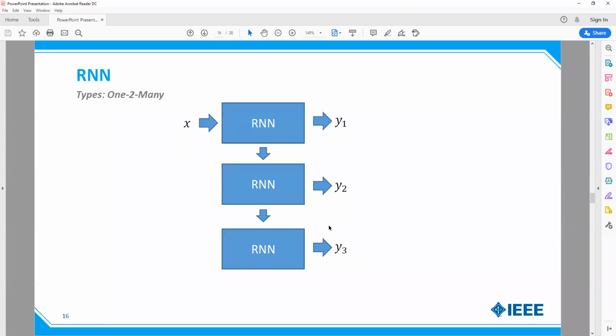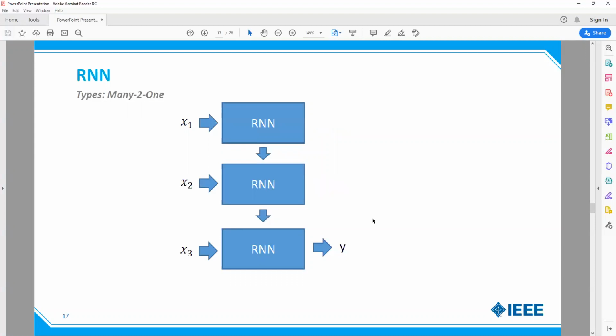So if we wanted to, let's say, take an image and describe the image in text, we would use a CNN encoder to encode a representation of the image, and that encoding of the image will be our input to this RNN. And the output would be each word describing the content of that image.